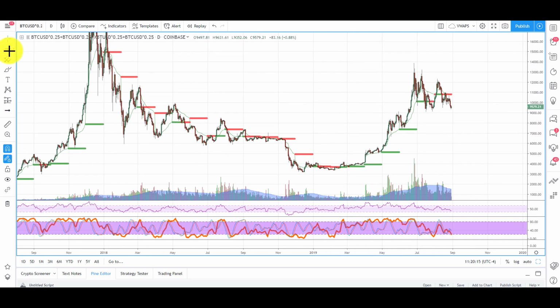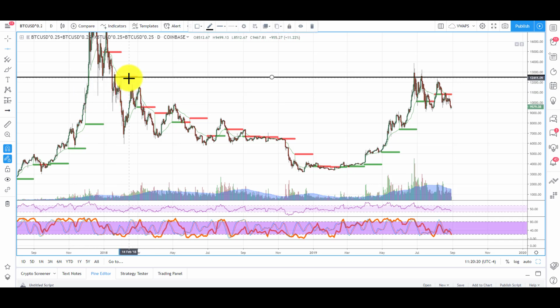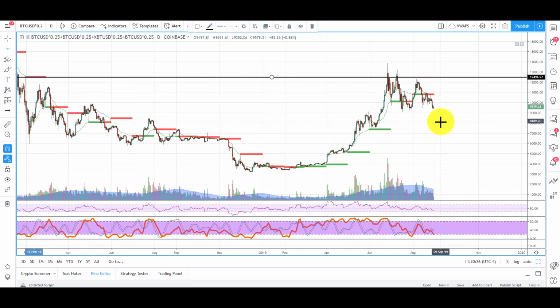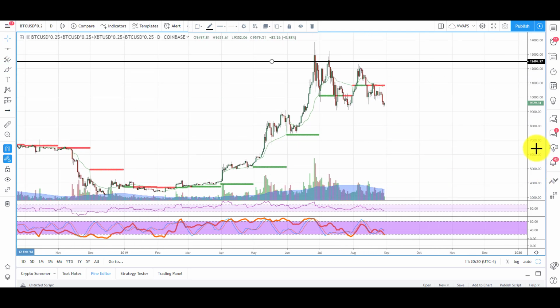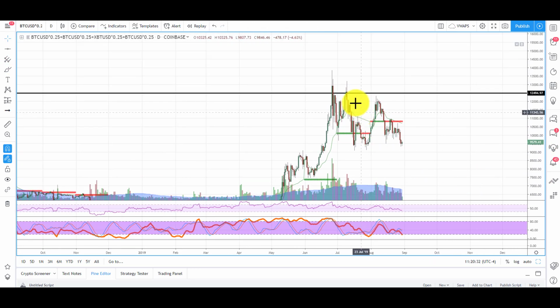For example, if we take a horizontal line, this is the VWAP way back in February of 2018 coming off the top, and you notice that was right around 12,500. We didn't get but one daily close, I guess you could say two daily closes, above that level. We had the first overthrow here, a close, but then it subsequently dropped.